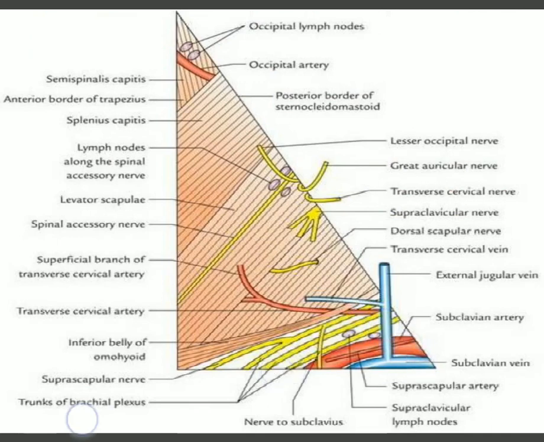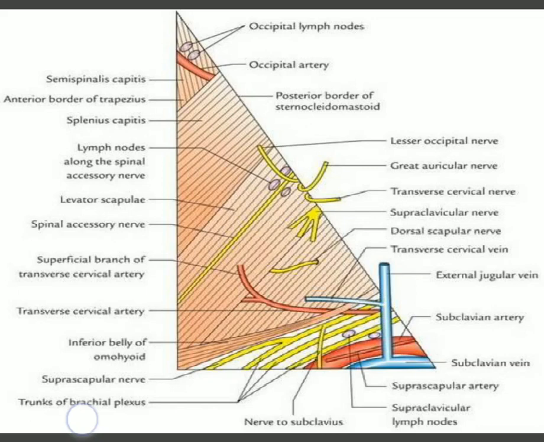You can see the subclavian artery, subclavian vein, the supraclavicular lymph nodes. You can see all the small nerves. Also part of the external jugular vein lies here. Also the transverse cervical artery and vein are present.